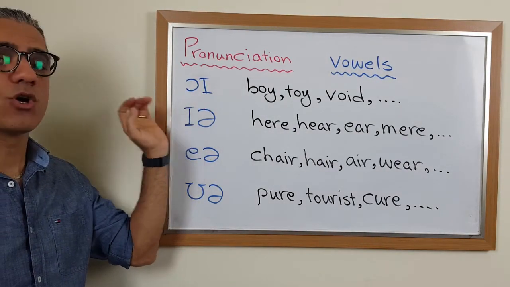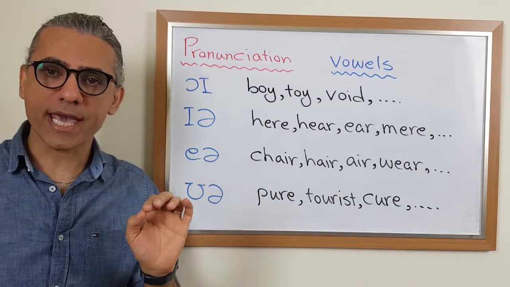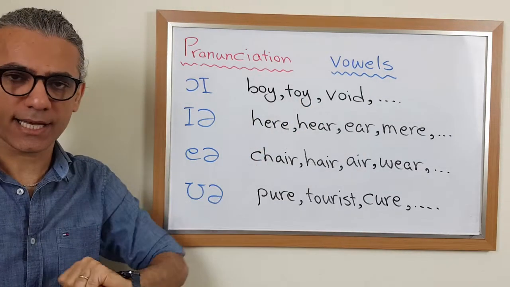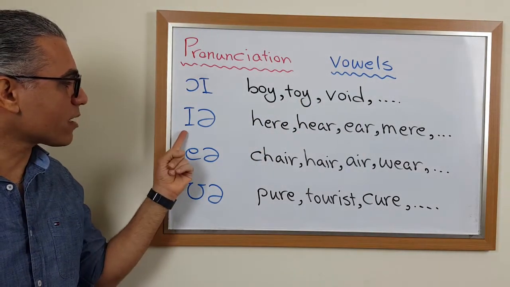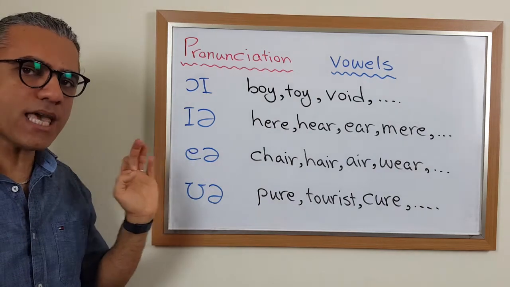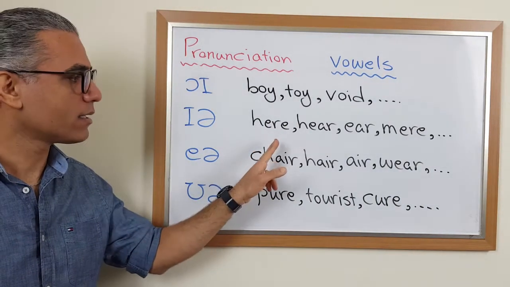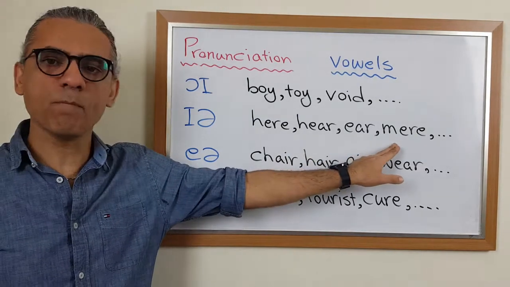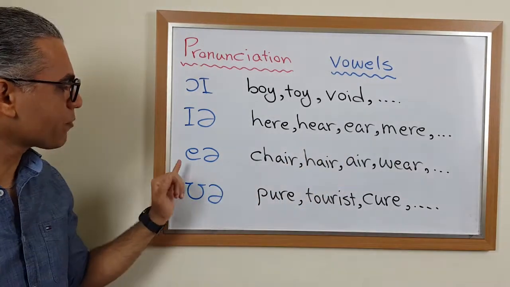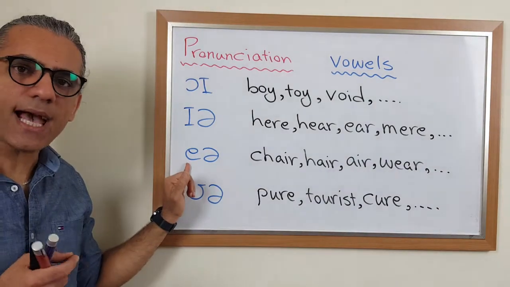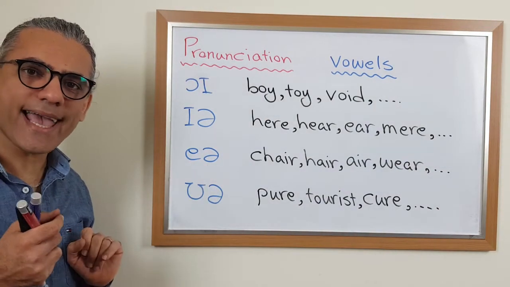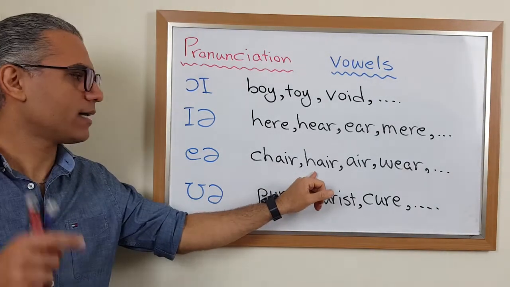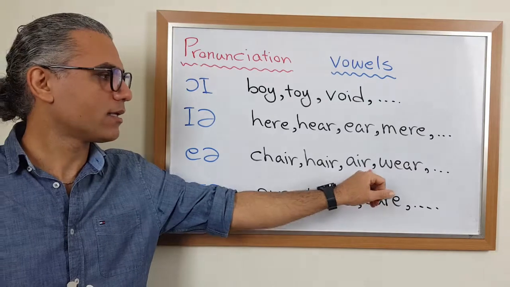The first one is oi, like boy, toy, void, and so on. Next one is the combination of i and schwa, like ear, here, mere, and so on. The next one is the combination of e and schwa, like air, chair, hair, where.